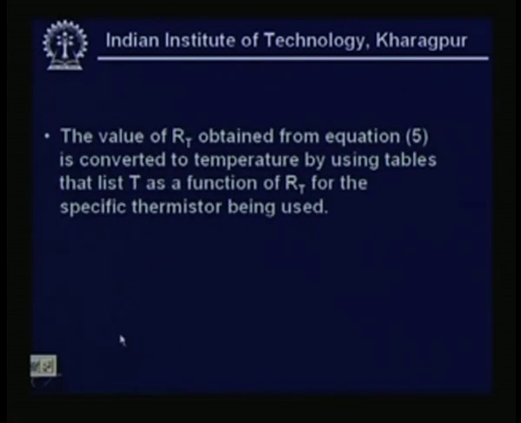And the value of RT obtained from equation 5 is converted to a temperature by using tables that list temperature as a function of RT for the specific thermistor being used, right. So, we will get a table, we can make a calibrated ROM for this type of purpose.